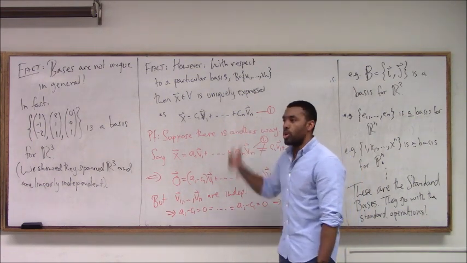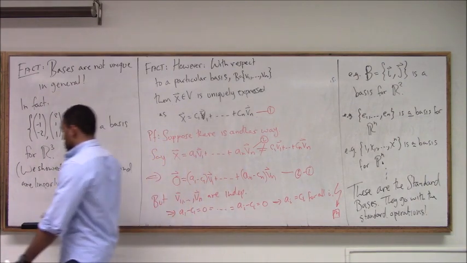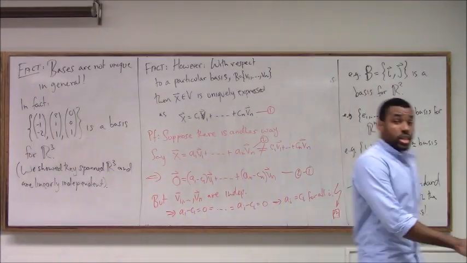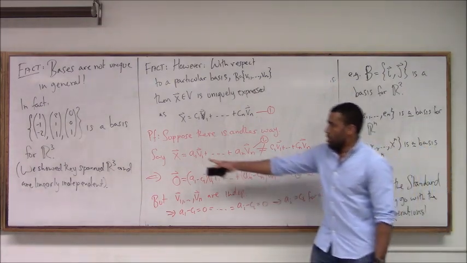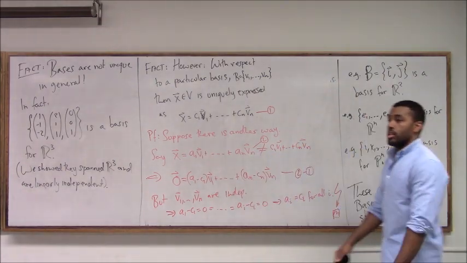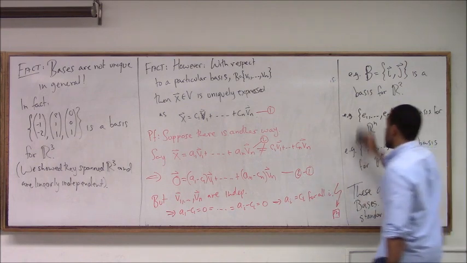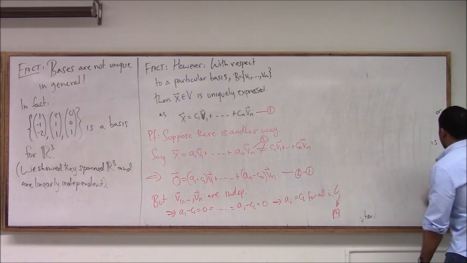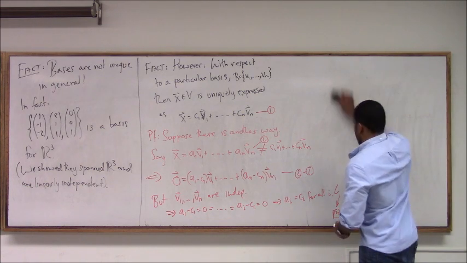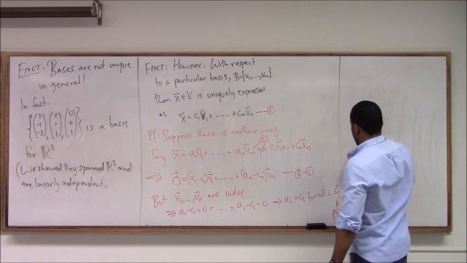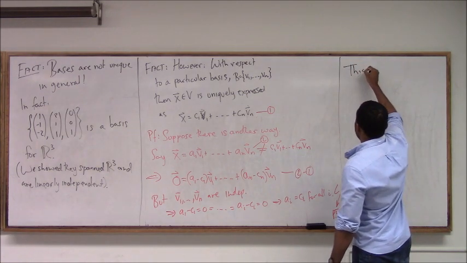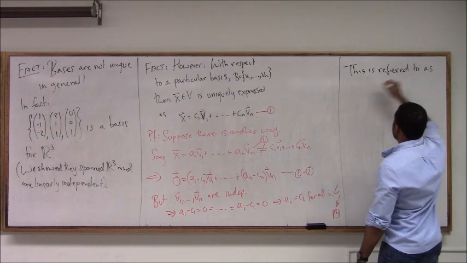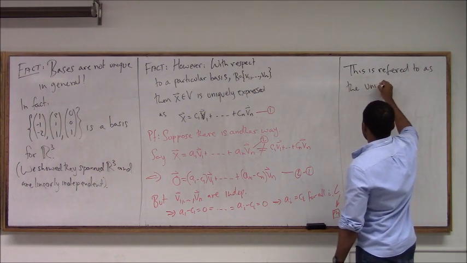There's literally only one way to write down any vector with respect to a basis. Which tells you that the coordinate of a vector is unique with respect to a basis. This is referred to as the uniqueness of basis representation.